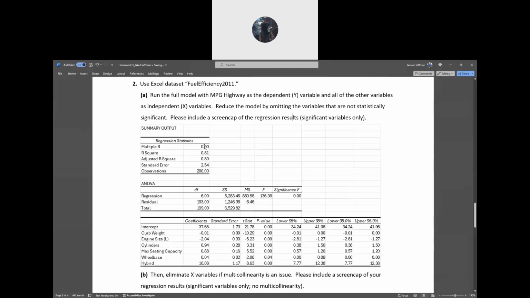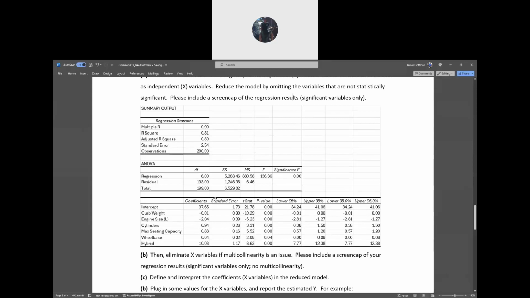Okay. Now we get to check for correlation, right? We want to check to see if any of these x variables have a correlation with each other, because if they do, then the interpretation of the coefficient is misleading because both of them explain the same effect.